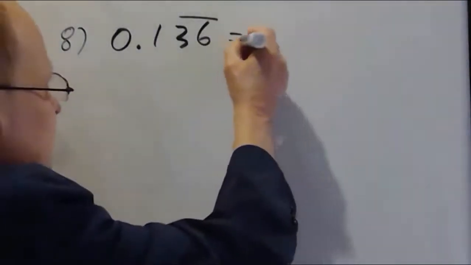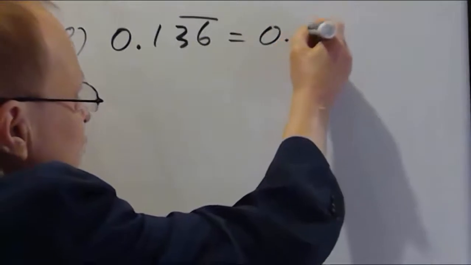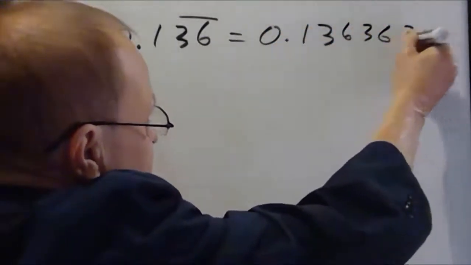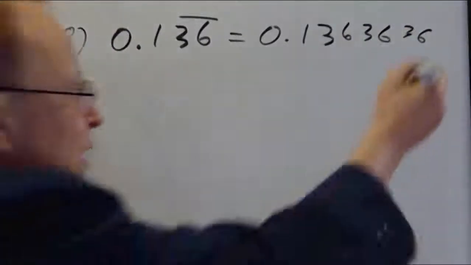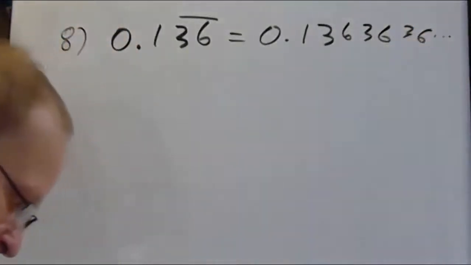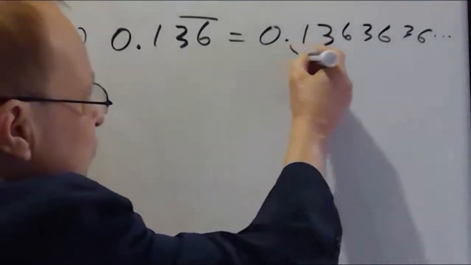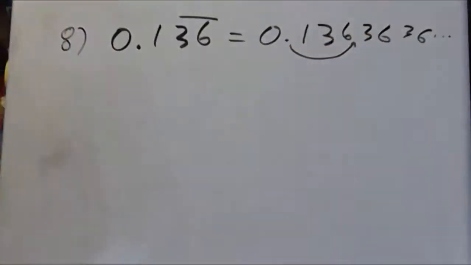So that means what this is equal to is 0.1363636, but we have this 1 here that gives us a little bit of a problem. So what do we have to do to clear it? Well, I'm going to have to bring this decimal point over here to clear it.